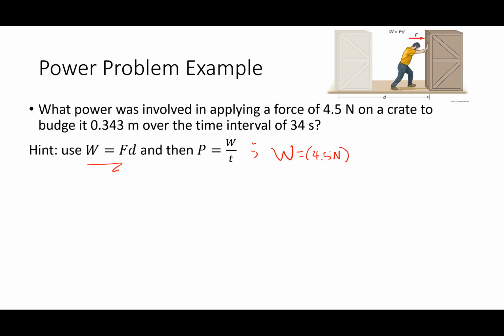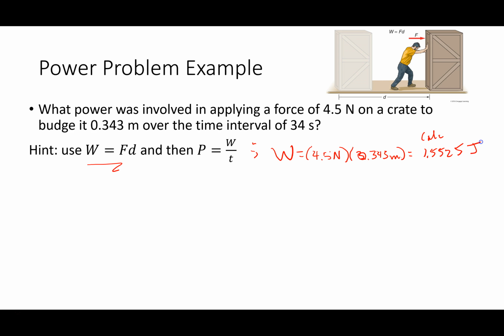Times the distance, and the distance here is 0.343 meters. It looks like I got 2 digits. My calculator displays 4.5 times 0.345.